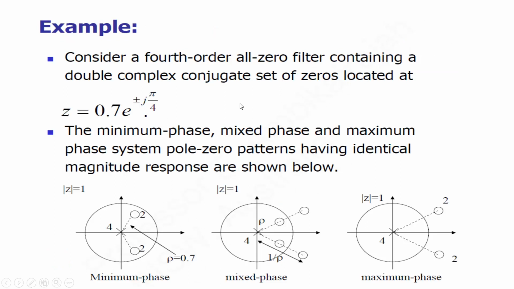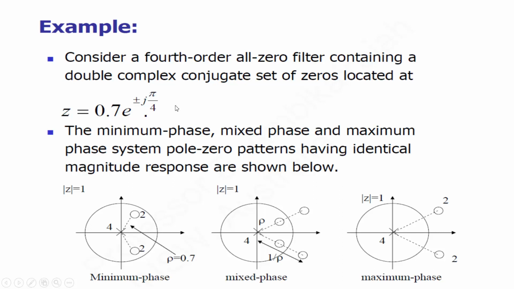Now, this is one example I have taken to draw the pole zero plot. Consider a fourth order all zero filter. This is the transfer function taken. This is the value of z actually. So four values of z are given.